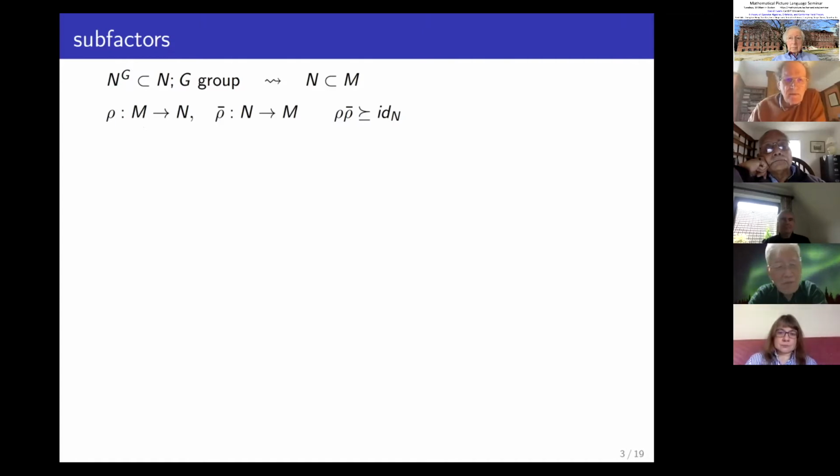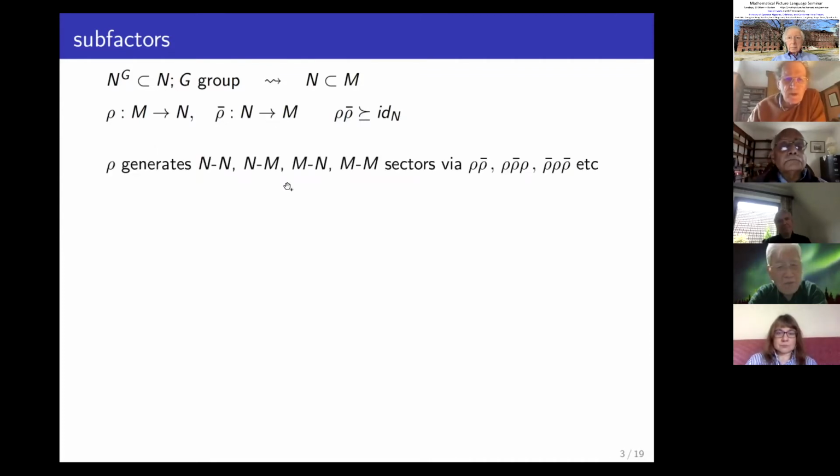So if you take these two isomorphisms or endomorphisms and compose them in all possible orders, then you have endomorphisms between N and N, N and M, and so on, but only four different kinds.